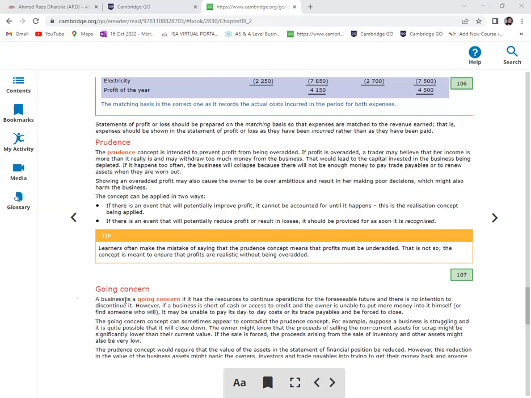Prudence is to record expense when it's estimated, and you should not record any income until it's realized, until you get it. Income must be recorded when it comes to your pocket, when it's realized properly. That's the concept of prudence.